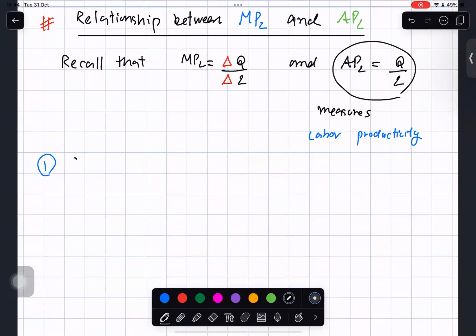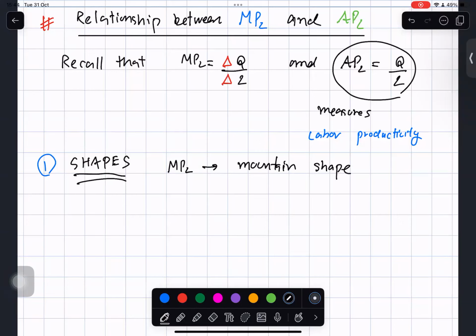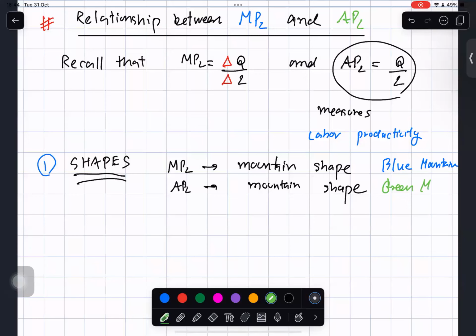Number 1. Shapes. MPL, mountain shape. Okay, let's copy the picture to put it close to this one then.